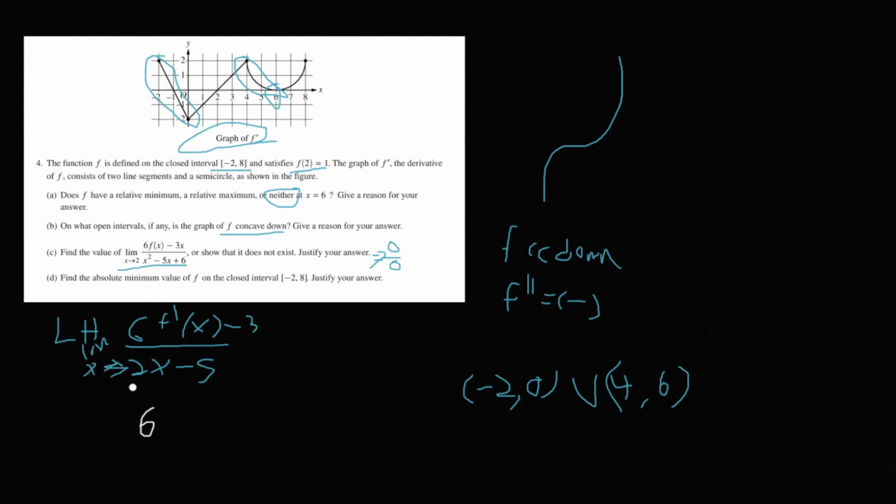So as x goes to 2, what is f prime of x? No, f prime of x is 0, so 0 minus 3 over 4 minus 5.